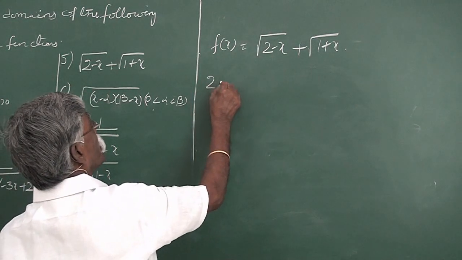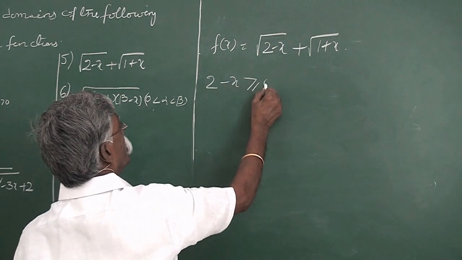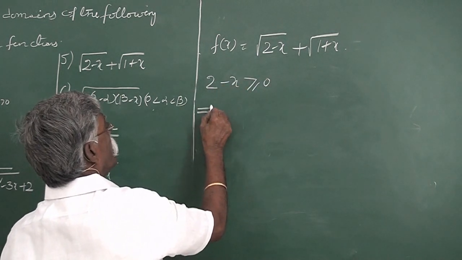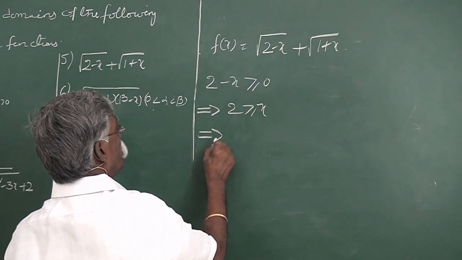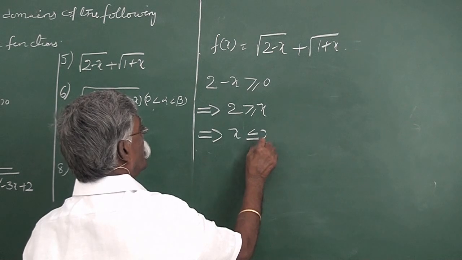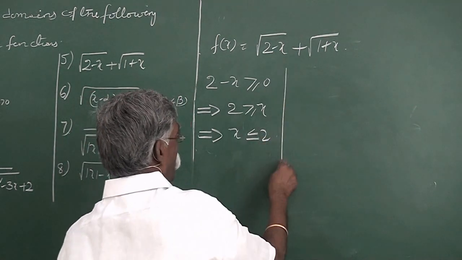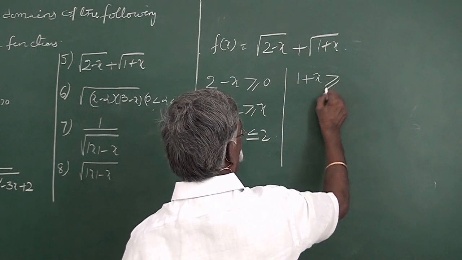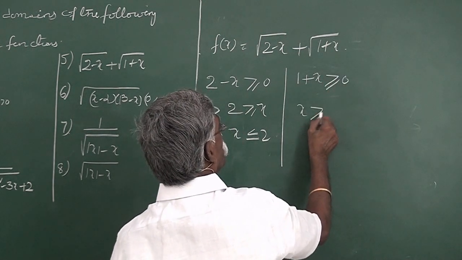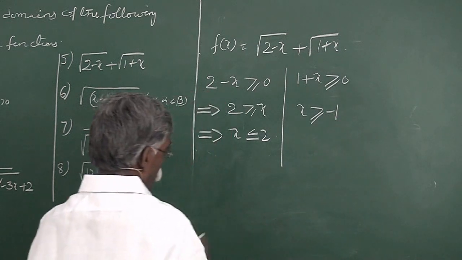Now 2 minus x greater than or equal to 0 implies 2 is greater than or equal to x, and this implies x is less than or equal to 2. And here 1 plus x is greater than or equal to 0, so x is greater than or equal to minus 1.